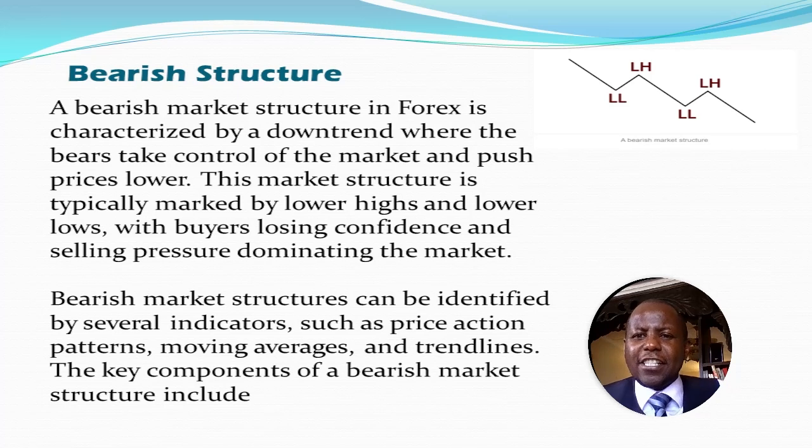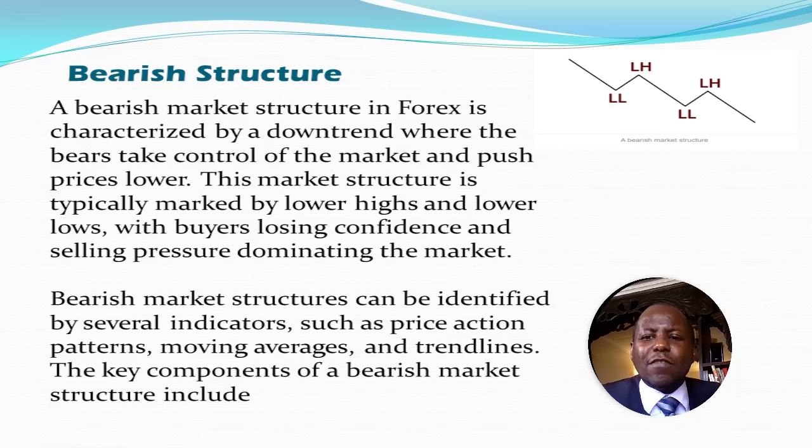This market structure is typically marked by lower highs and lower lows, with buyers losing confidence and selling pressure dominating the market. So self-explanatory, it's just an opposite of the previous. Direction-wise, it goes the opposite. Bearish market structures can be identified by several indicators, such as price action patterns, moving averages, and trend lines.